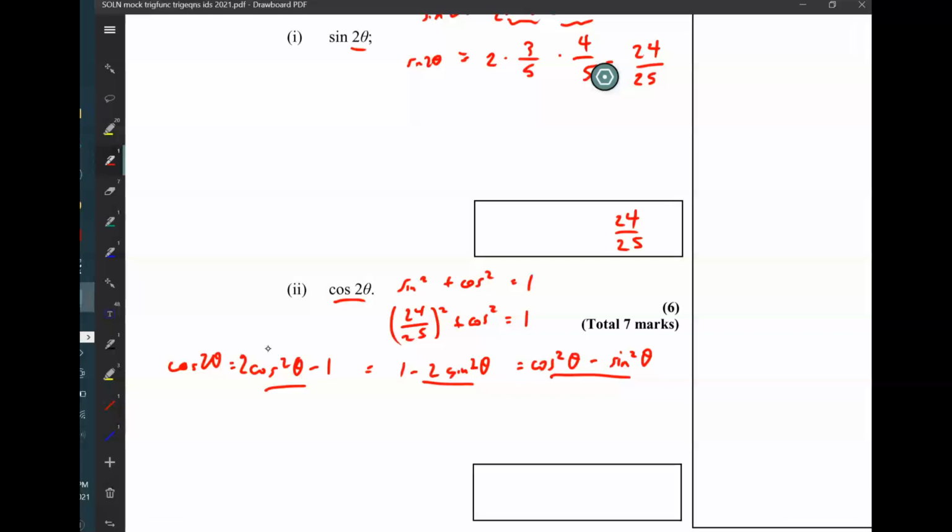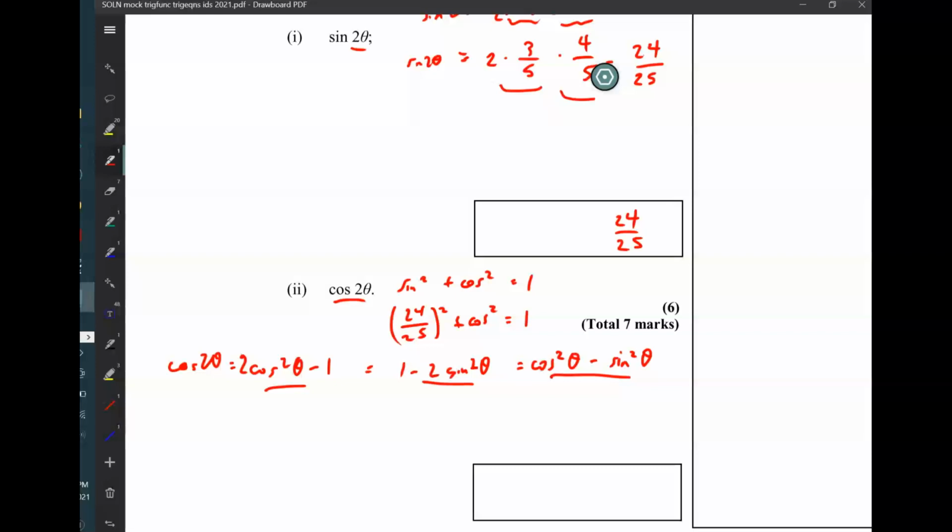So that's why we kind of avoid the third one. But in this particular case, we actually do know both, right? Because we just found both of them for sine 2 theta up here. So let's try it with a couple of these options just to see which one is the best.